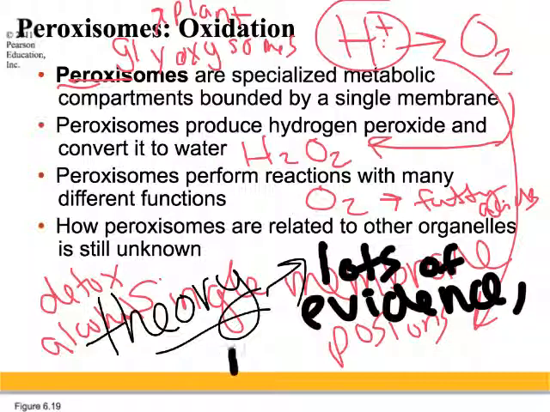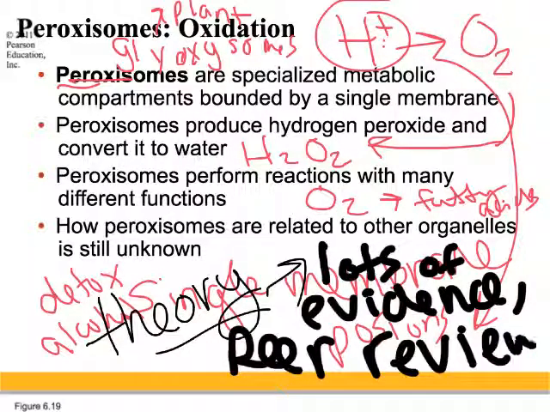Lots of peer review. So in this course, we will be doing peer review. And they're taken like a fact, but again, we know that there's more information out there, or we may need to modify our theory. And theories can have multiple hypotheses incorporated and unifying them.